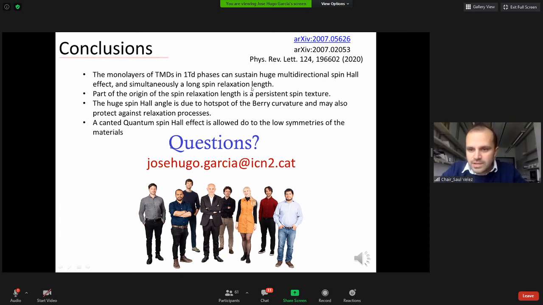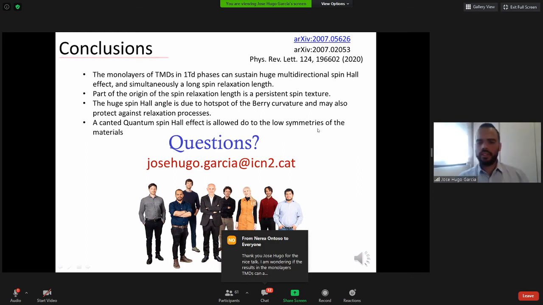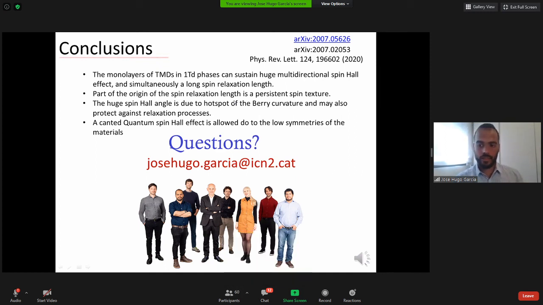So the first question is from Marcos Guimaraes. He asks, what do you expect for the spin Hall effect for few-layer molybdenum telluride and tungsten telluride? We did a calculation for these materials. This is more demanding, and we don't have a model, so we have calculations at the Wannier level.